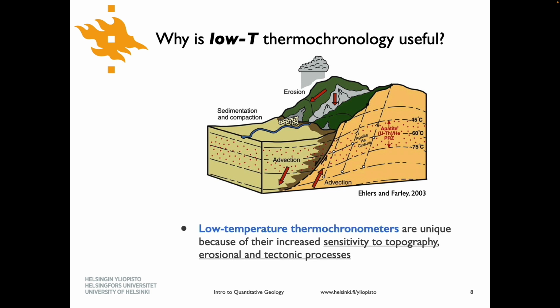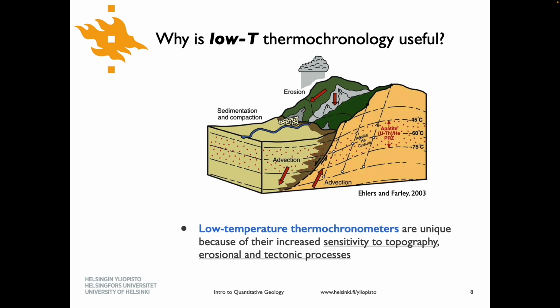The low temperature part is appealing because you can see perhaps already here, let's say if we take the 60 degrees C as a reference point as our effective closure temperature, this is the depth from the surface down to the 60 degrees C isotherm, and you can see it's affected by the topography.